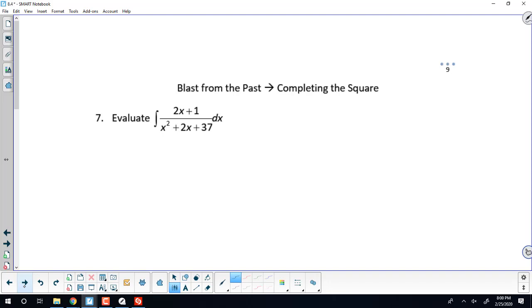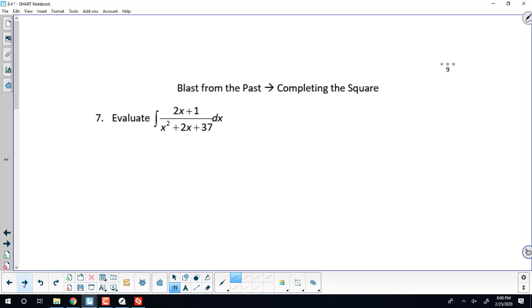So something like this, we'll see more of these types of problems in 8.5. Really, the methods from 8.5 don't help us with something like this. We'll see why once we get into the next section.